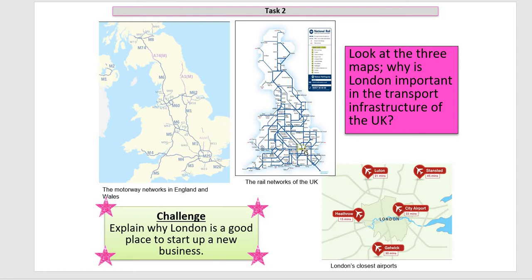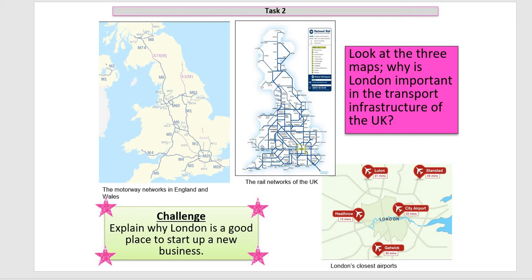So it's really well connected, both from the point of view of the different parts of London, and then nationally using the rail network and the motorway network, and internationally with the airports, and obviously as well the Channel Tunnel going towards France. A really important connection for us, because you can get on a train in London and in just a short while you can be getting off that train in Paris, which is a really incredible service.